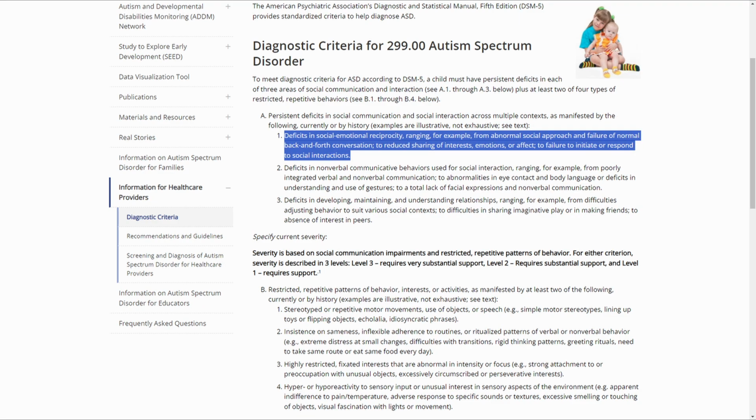First one is deficits in social emotional reciprocity, ranging, for example, from a normal social approach and failure of normal back and forth conversation to reduced sharing of interests, emotions, or affect to failure to initiate or respond to social interactions.